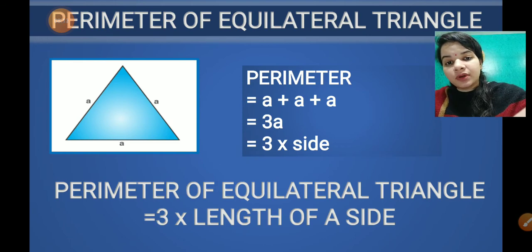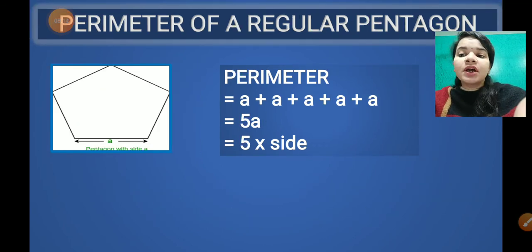Okay, now moving on to our next figure, that is a pentagon. Now what is a pentagon? A pentagon has 5 sides and all the sides are equal. Okay, so here for finding the perimeter, what you will do? You will add its sides 5 times.